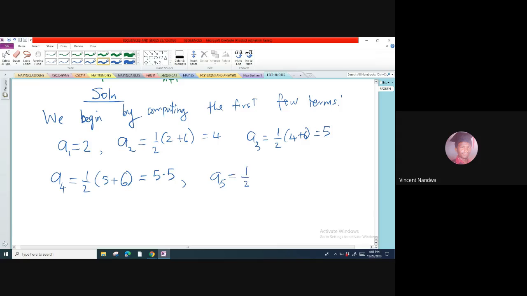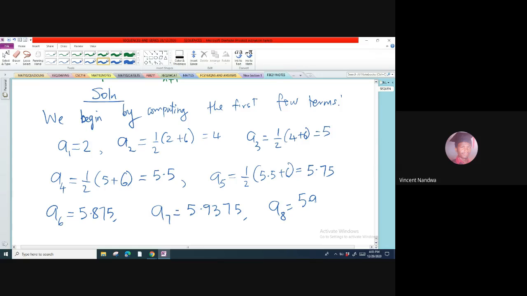A5 will be a half of 5.5 plus 6, which is 5.75. A6 will be 5.875. A7 will be 5.9375. A8 will be 5.96875.